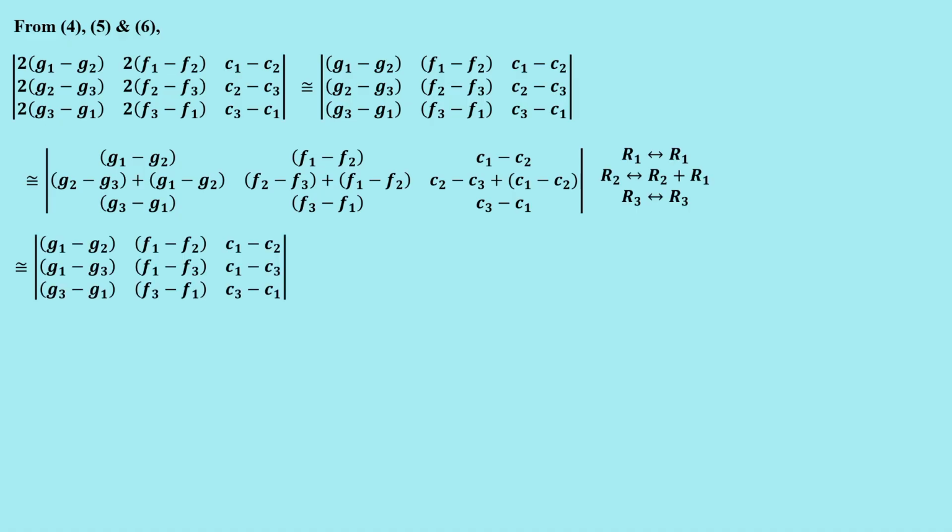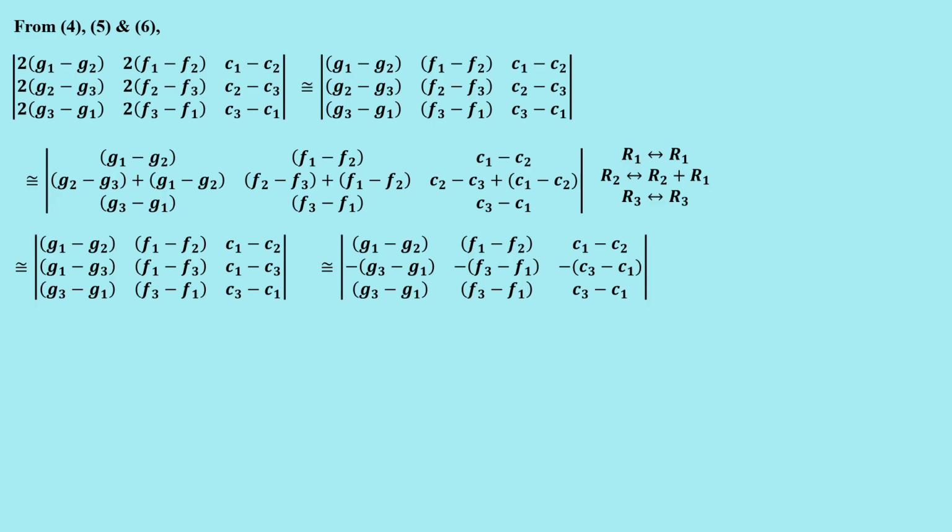Now the first row is g1 minus g2, f1 minus f2, c1 minus c2. In the second row, g2 minus g2 gets cancelled, so you will get g1 minus g3. Similarly f2 minus f2 gets cancelled, f1 minus f3, and c2 minus c2 gets cancelled, c1 minus c3. That is the second row.